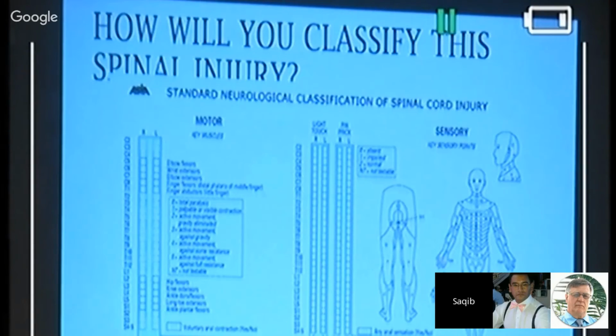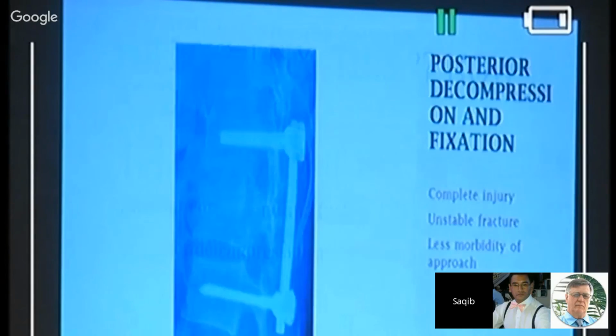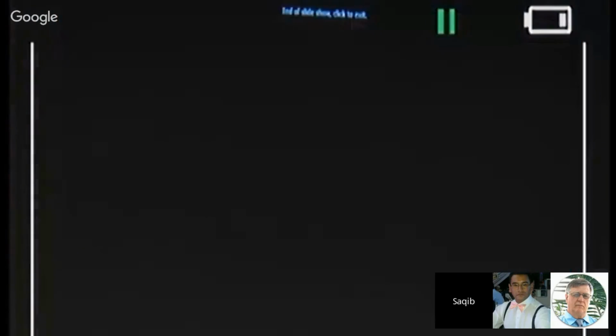Each limb gets 25, so arms are okay, legs zero, so it's 50 out of 100. So it's ASIA class A. Will you fix this, and how and why? Just do it posteriorly, understand? Thank you.